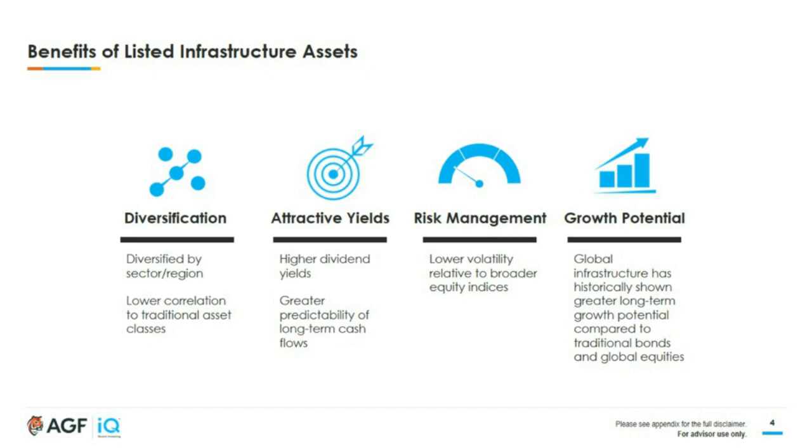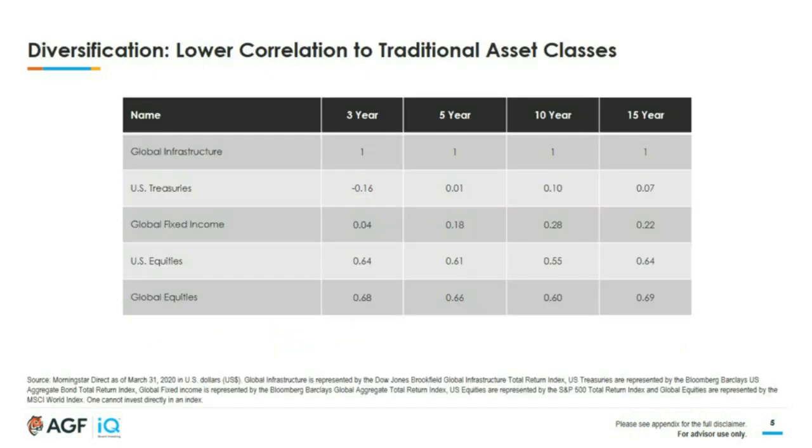And I just want to highlight one of the aspects I mentioned that go with infrastructure and its benefits. The first one is the lower correlation to major equity classes and fixed income classes. And that's why we invest in it, because we want to make sure that we get a lower correlation and that risk diversification.